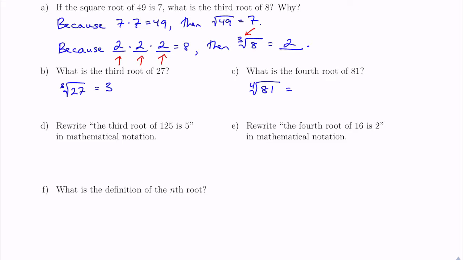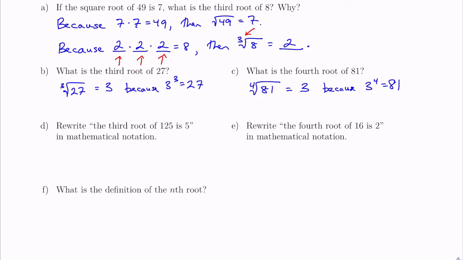I know that it took 3 3s to make 27, and multiplying by one more 3 gives us 81. So the fourth root of 81 is 3. Again, the reason being, 3 to the fourth power is 81. And similarly, for part B, the reason that the third root of 27 is 3 is because 3 to the third power is 27.